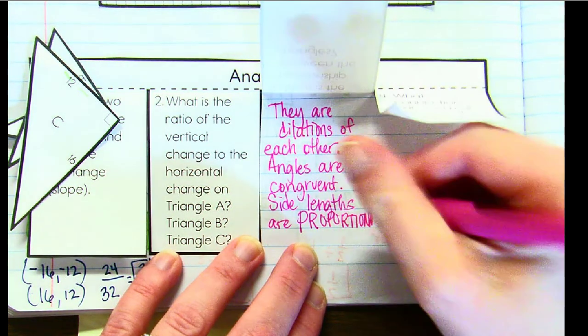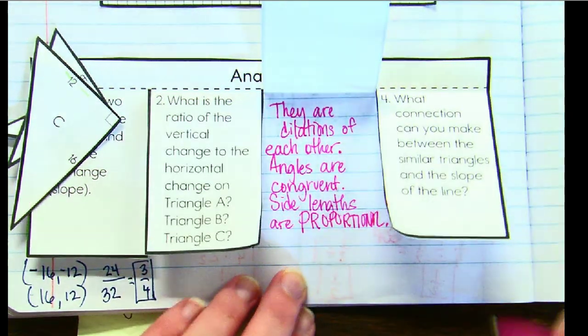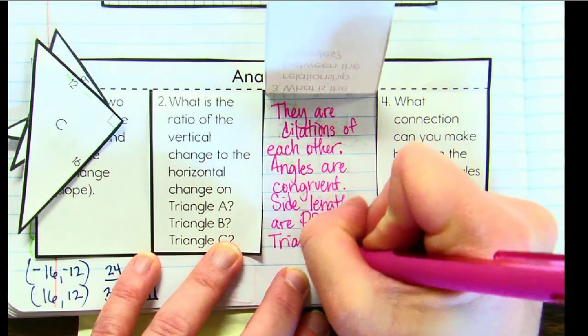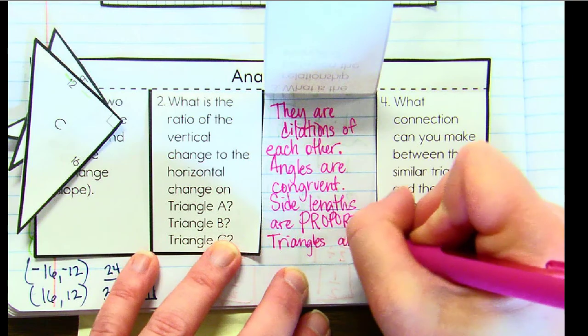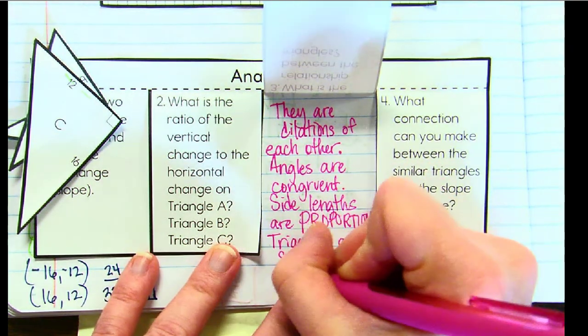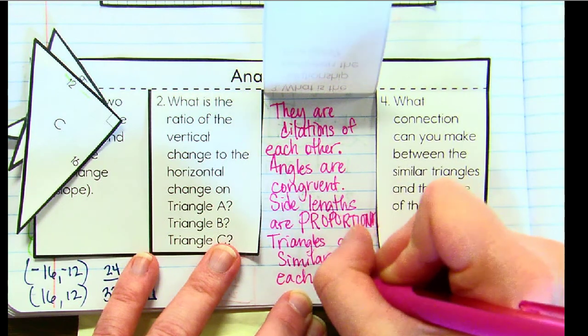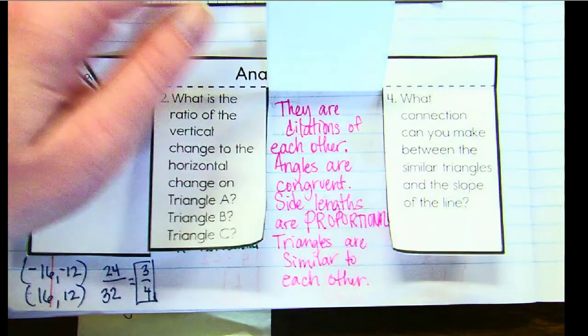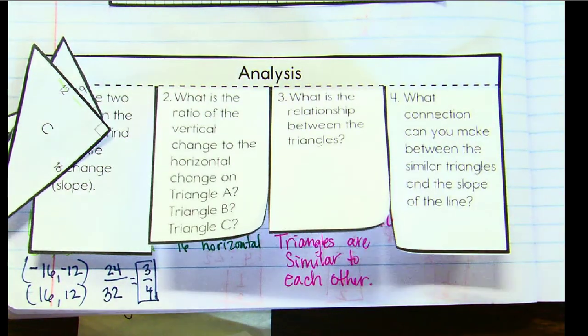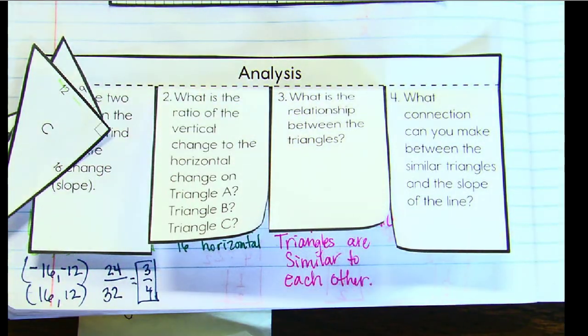Okay, and if all of those things are true, then that means that the triangles are similar to each other. Triangles A, B, and C are similar to each other. Okay? That's a lot, but that's stuff that we learned in Unit 3.